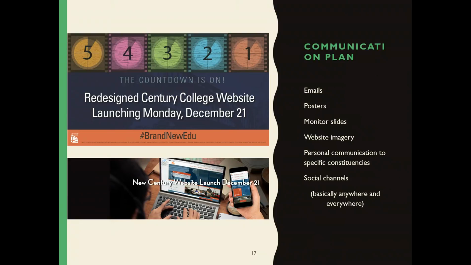Making sure that faculty were aware of this before they left for winter break to update their D2L courses, which is our learning management system. So lots of targeted communication like that.